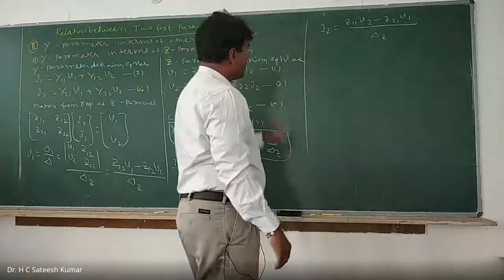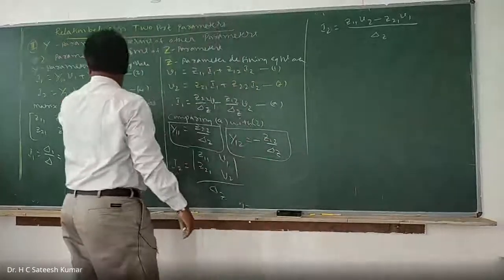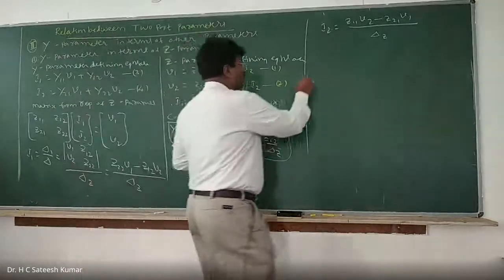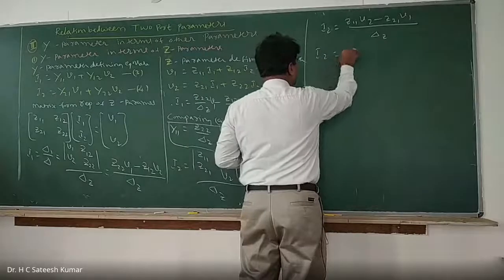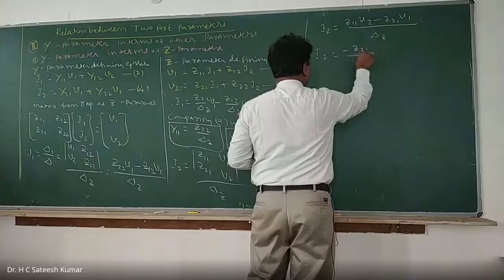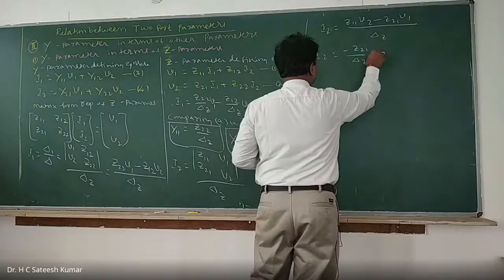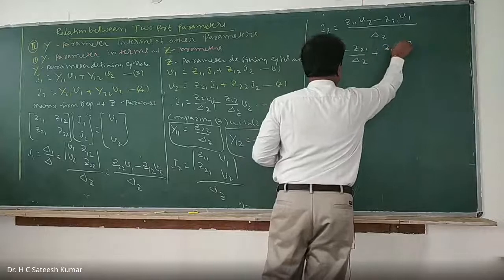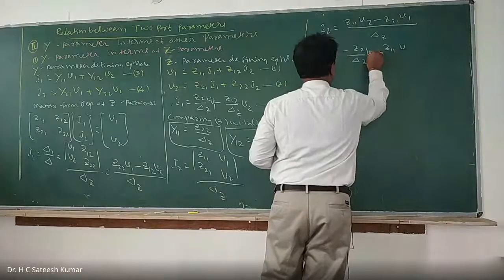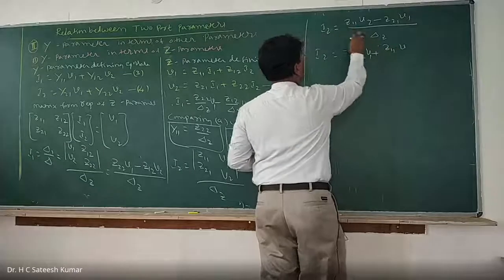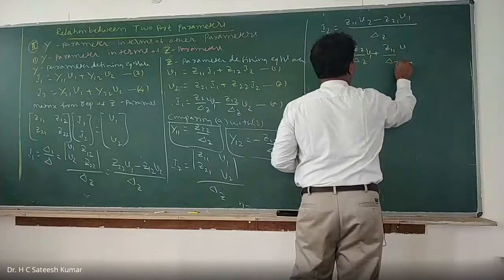Okay, right. Now you rearrange it because it will be in the order of V1 and V2, no? So therefore, I2 is equal to minus Z21 divided by delta Z into V1 plus Z11 divided by delta Z into V2.